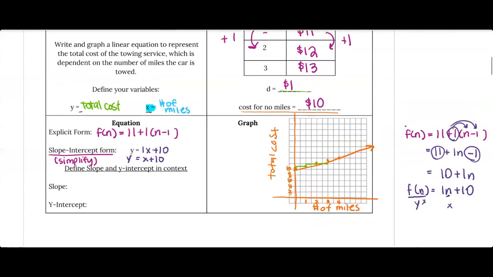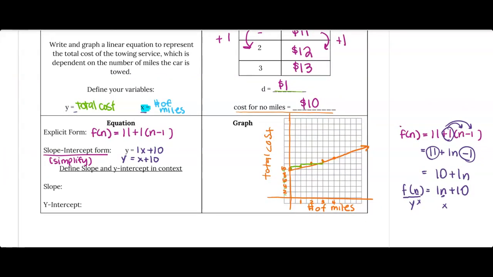And so what we'll learn is that our slope is the common difference. And so our slope is our cost per mile, which would be $1 per mile. The y-intercept is where the line crosses the y-axis, which is that point there at 0, 10.